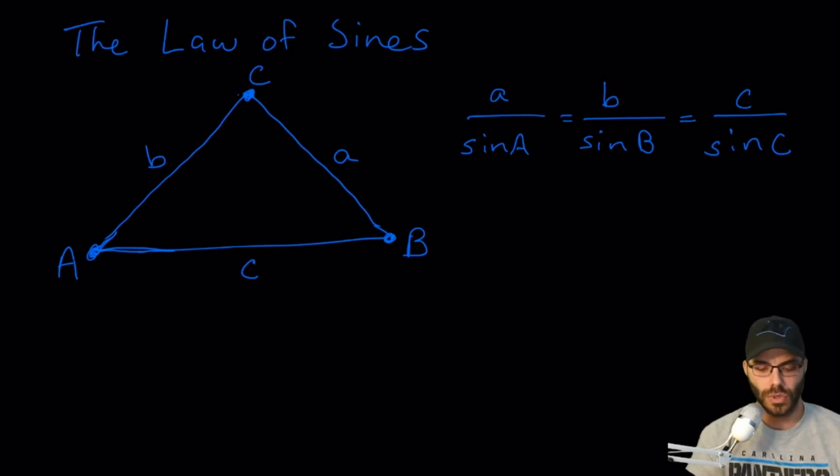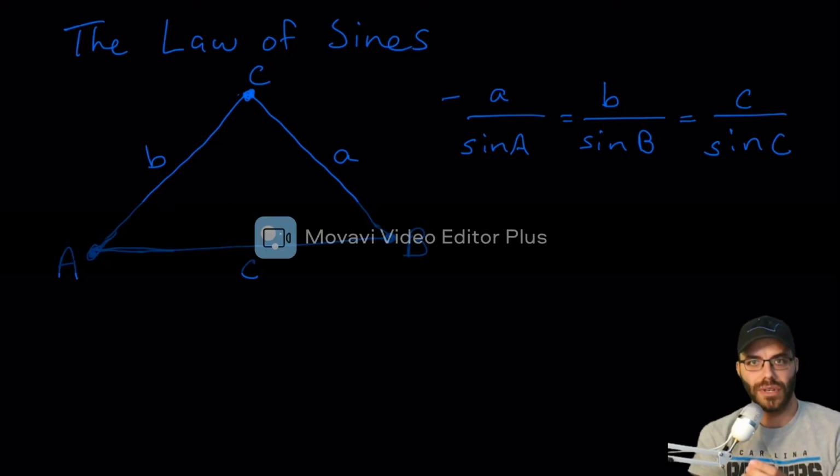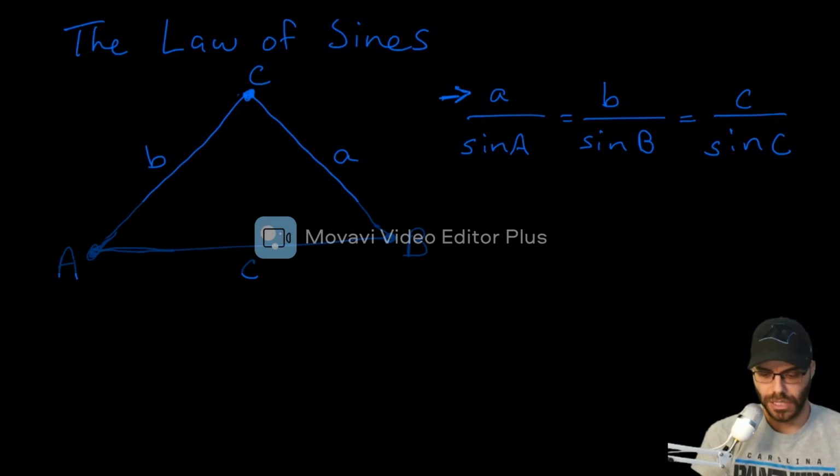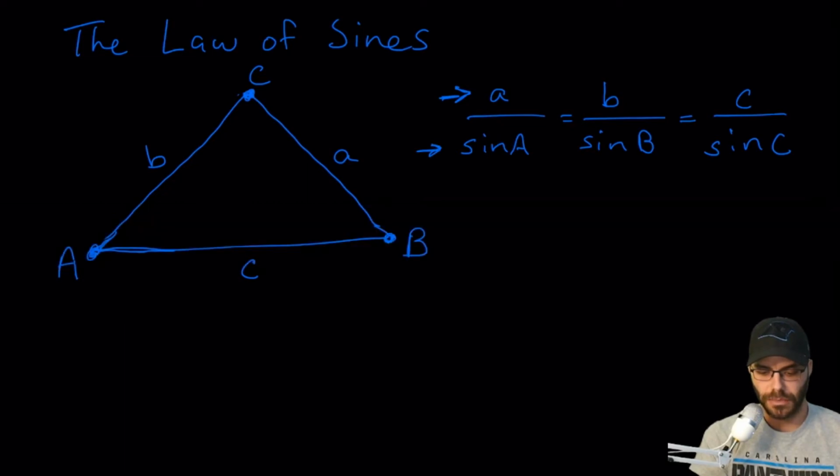So any side length divided by the sine of the angle opposite. When we say opposite, we mean if this is side A, angle A is opposite, or vice versa.